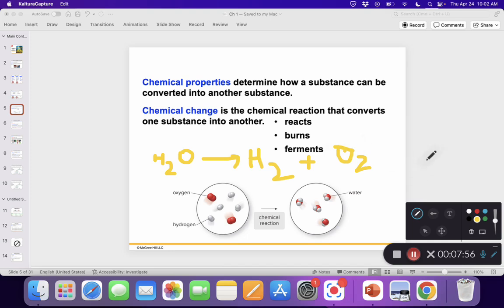We can break down a water molecule into hydrogen and oxygen by the electrolysis process.